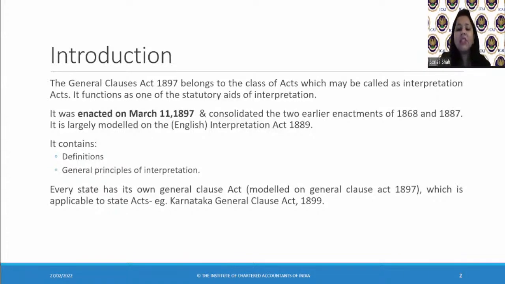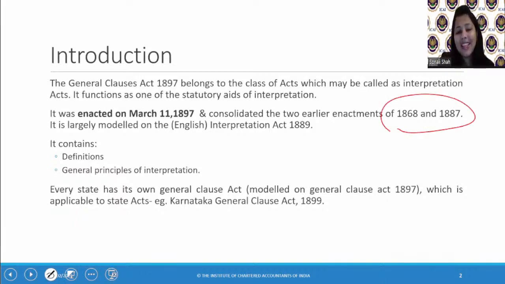Now this act, the General Clauses Act 1897, was enacted on 11th March 1897, and it consolidated two previous enactments of 1868 and 1887. So if you see, it's quite an old law.